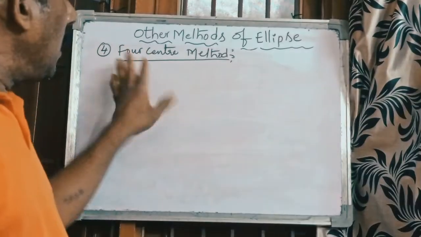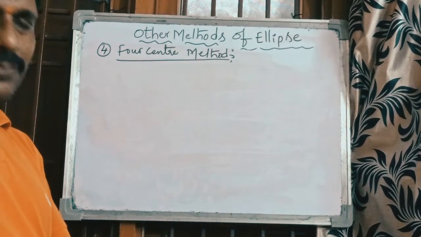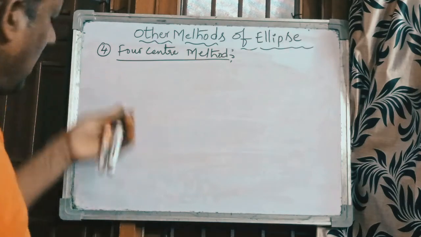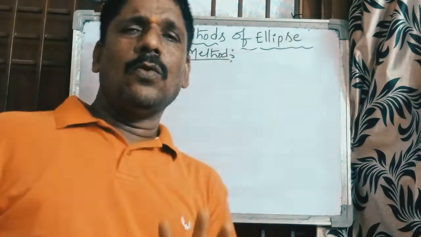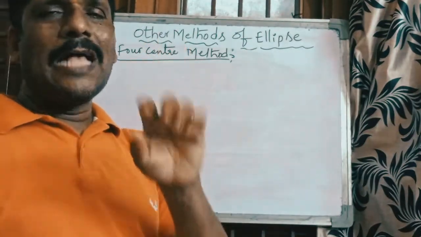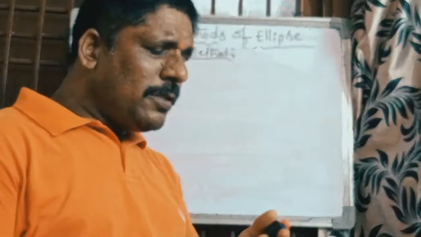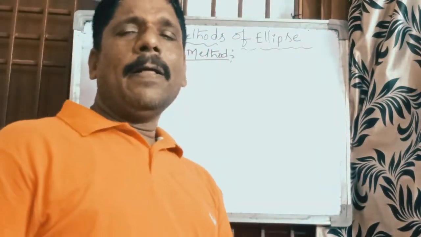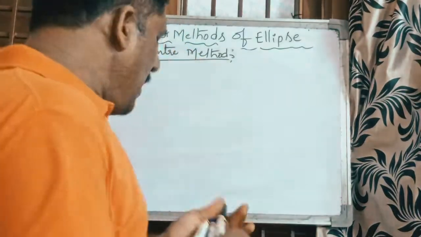Okay, friends, this is the fourth method, the four center method. It is a very important method. In this four center method, four centers you have to find out, and 4 points will be given as per measurement, the major axis and minor axis. By using the 4 points and through the 4 centers we have to draw an ellipse.